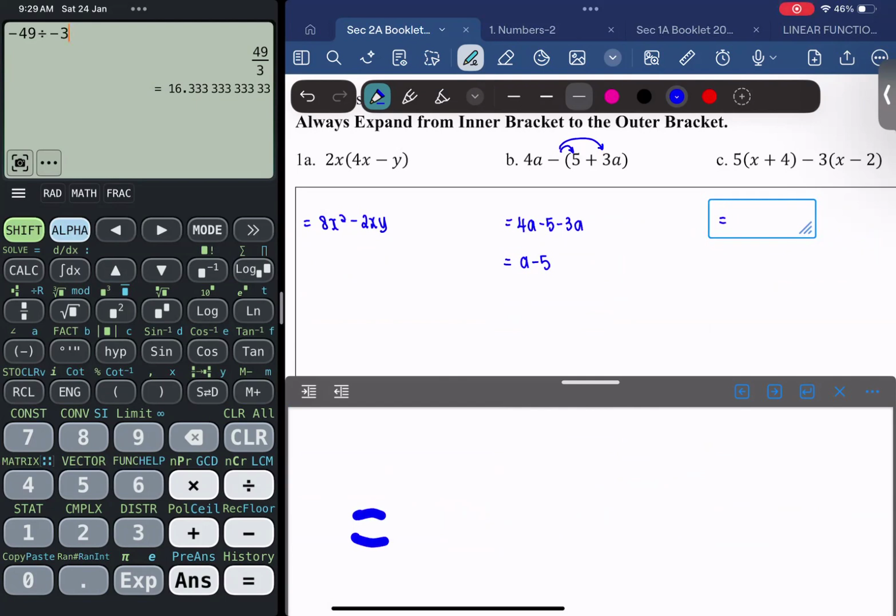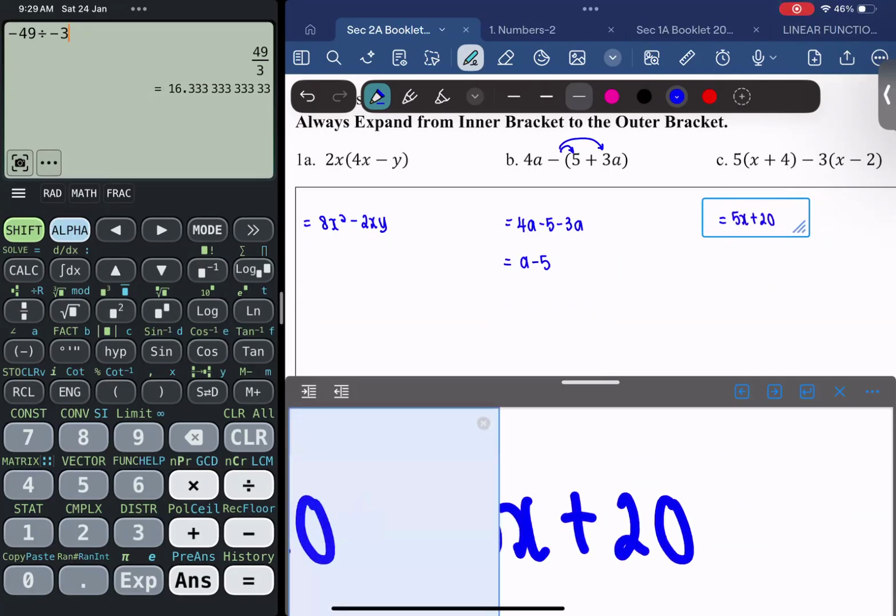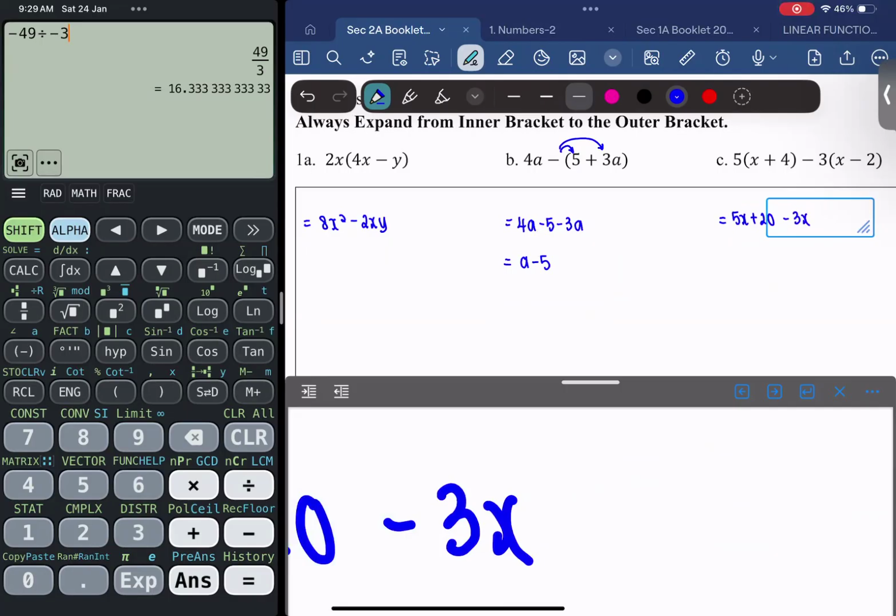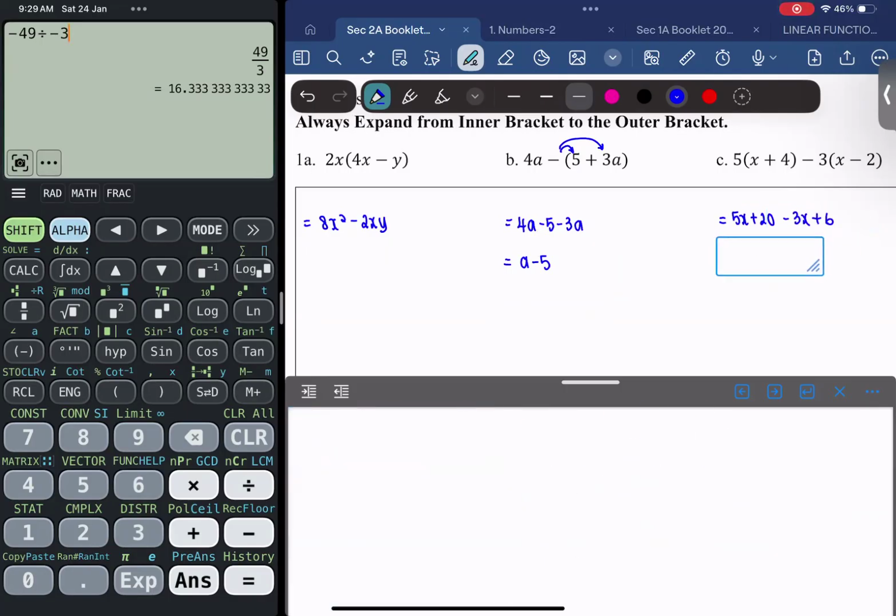Next one, same thing. Expand out 5x plus 20 minus 3x plus 6. Combine them together. 5x minus 3x, we get 2x plus 26.